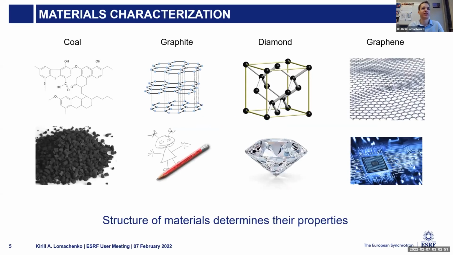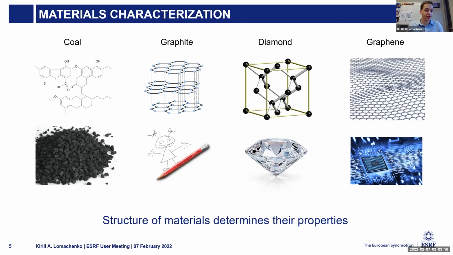You all know that the structure of materials defines their properties. So materials that have basically the same composition, like coal, graphite, diamond, graphene, have very, very different properties. And in order to understand the properties, we need to study the structure.